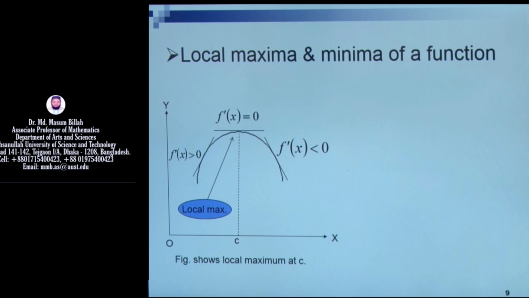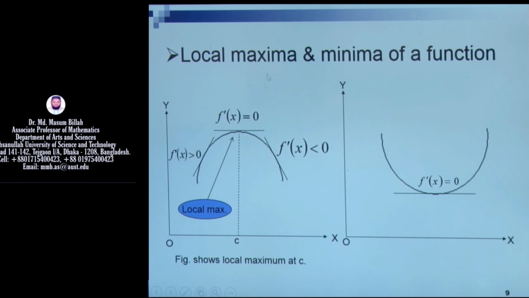Now, if we draw another graph, y equal to f(x), and if we draw a tangent at the middle point of this function, you see at this point f'(x) equals 0, because the reason is the same: there is no angle between the x-axis and the tangent. The angle is 0, and tan 0 is 0. So we can say f'(x) equals 0.